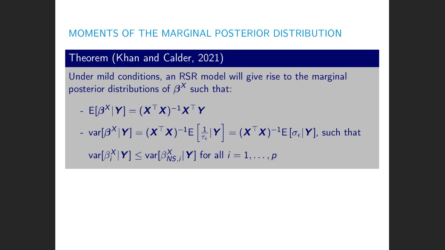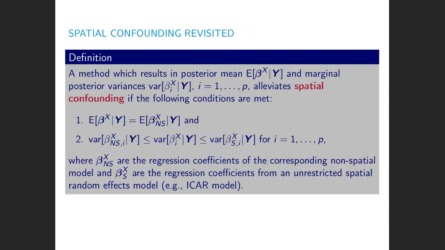This was quite surprising to us, because if you remember, we defined spatial confounding to have this particular ordering of the variances of the marginal posterior distributions of the beta x's.